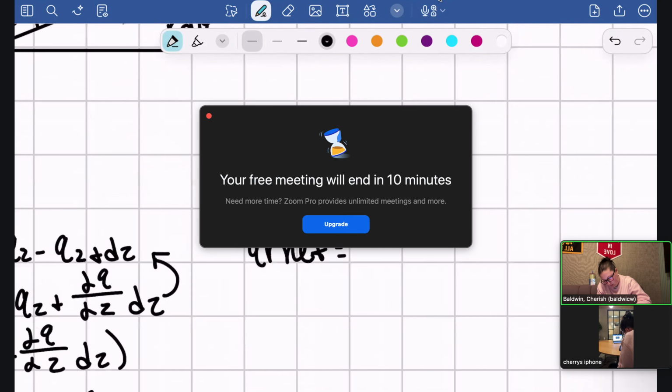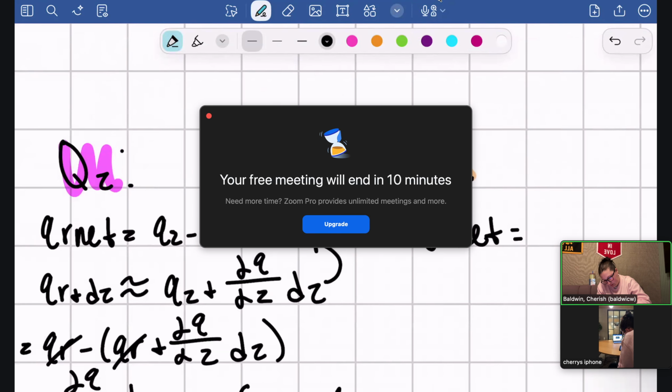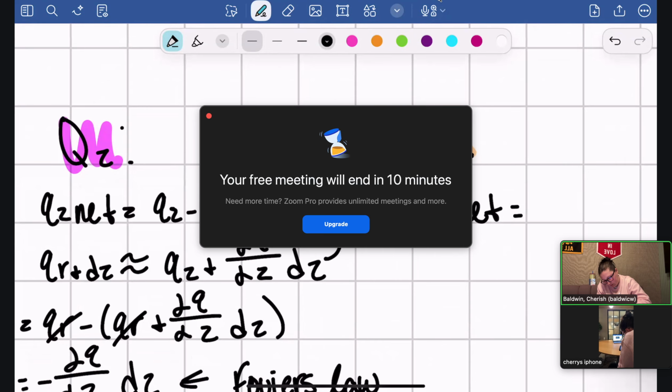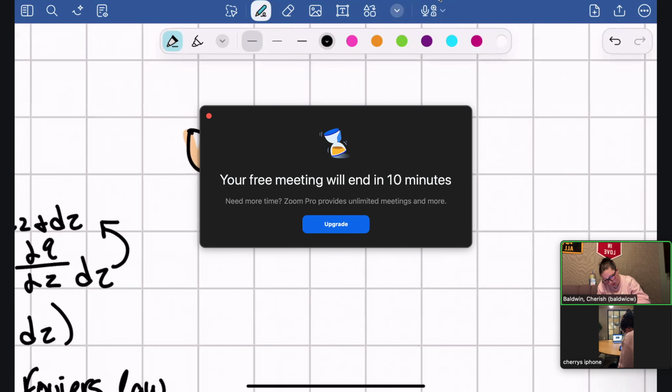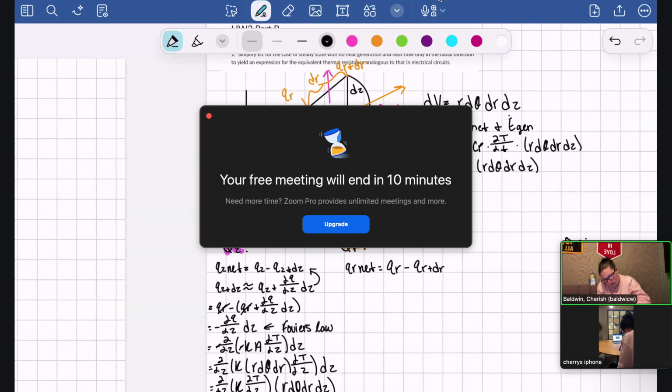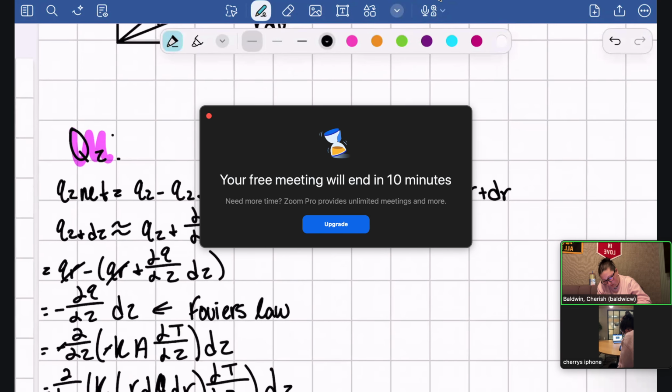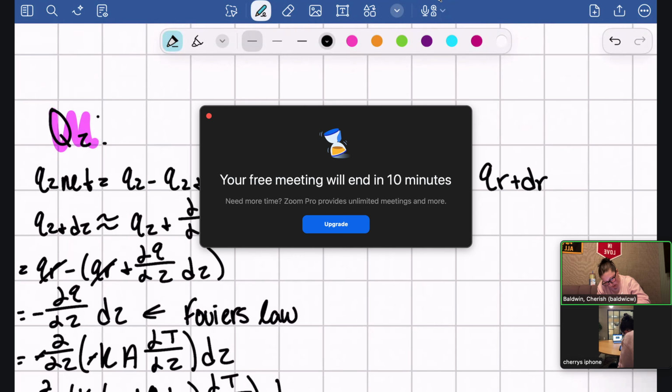Okay, so Qr net is equal to Qr minus Qr plus dr. And Qr plus dr is equal to Qr plus the partial derivative of Q over r times dr. Then you plug that into this equation like before.